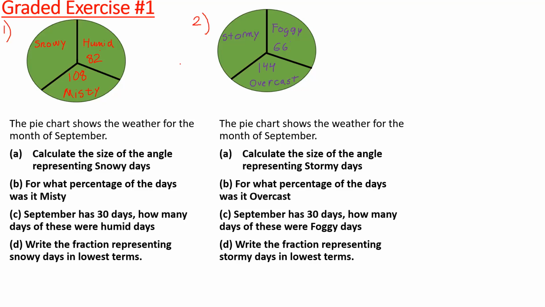Michael, what number you on? 1C. Do you understand what you're doing? Yes, sir. Okay, good. And Mark, what number you on? 1D. Okay. You understand what you're doing, Mark?